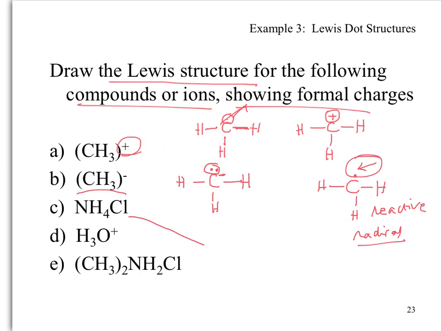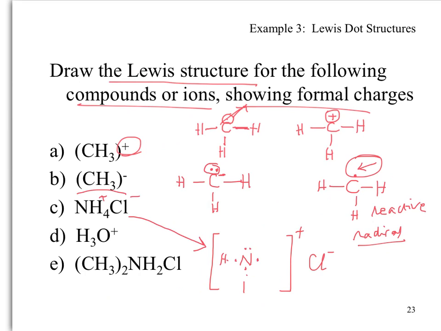Hopefully you can see that NH4Cl is NH4 plus and Cl minus. That's ammonium chloride from your Gen Chem 1 and Introductory Chemistry days. That would mean that you have ammonium with a positive charge and Cl negative is just the counter ion. So nitrogen has 5 electrons around it.